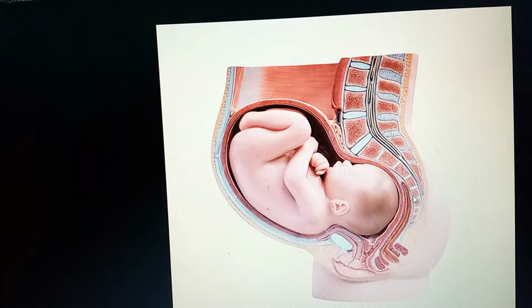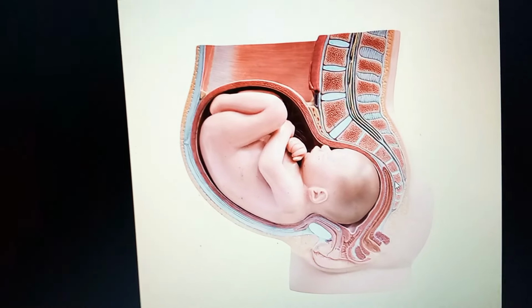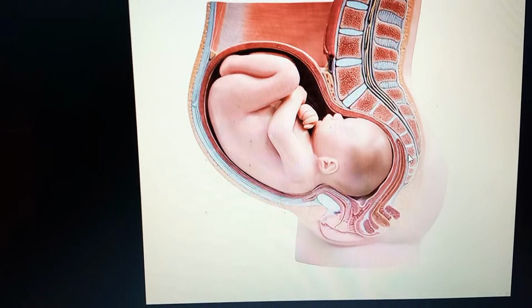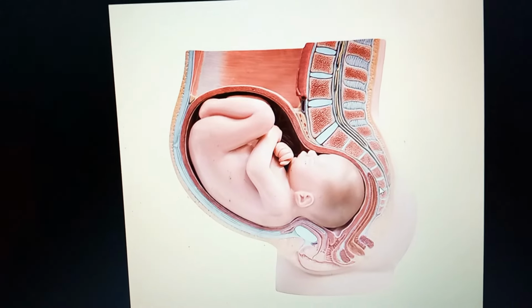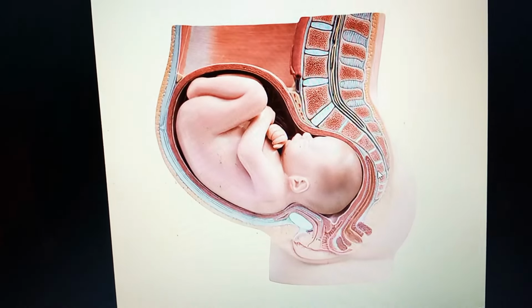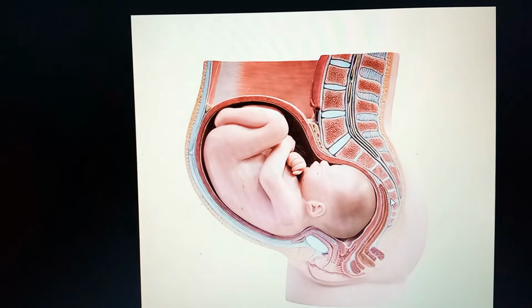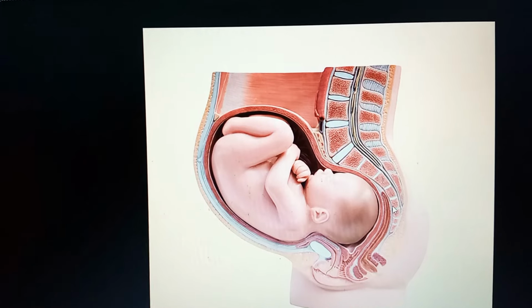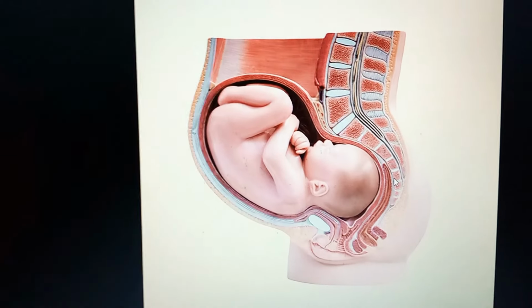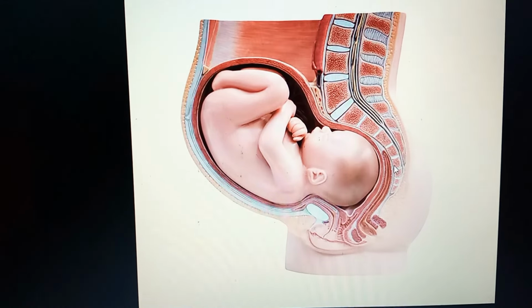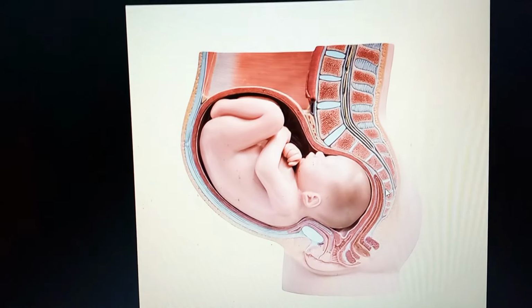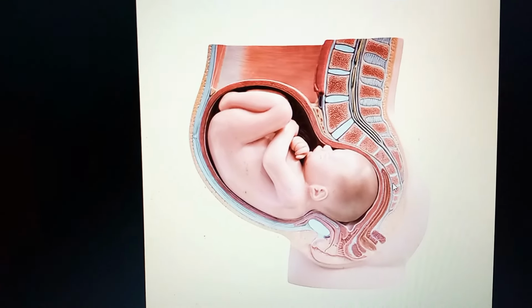If they continue and there is an obstruction, then the uterus can rupture. There can be PPH because of uterine inertia. This woman is exhausted, so the uterine inertia can cause postpartum hemorrhage.